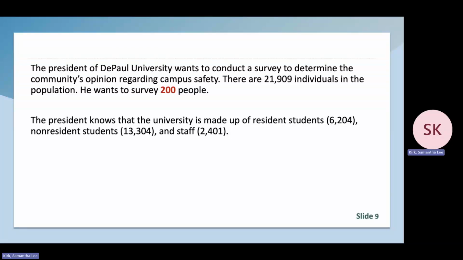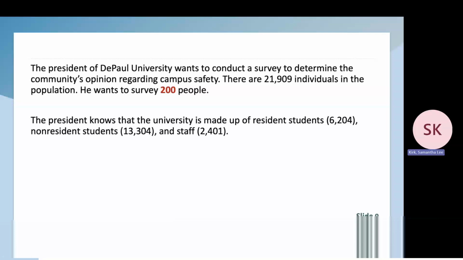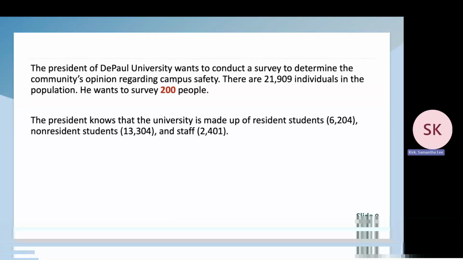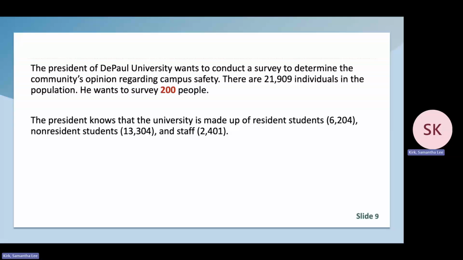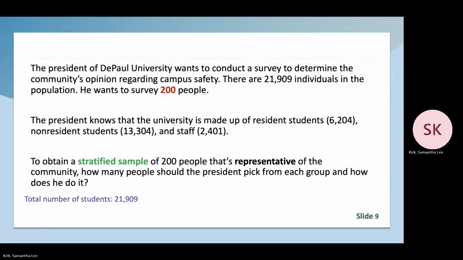Now, how many people from each group? Remember that we want our sample to be a mini population. So we should find the proportion of resident students, non-resident students, and staff, or the percentage of students versus staff. So for example, if I take that number 6204 and I divide by 21,909, I'll get 0.28, which means 28% of the university is resident students.